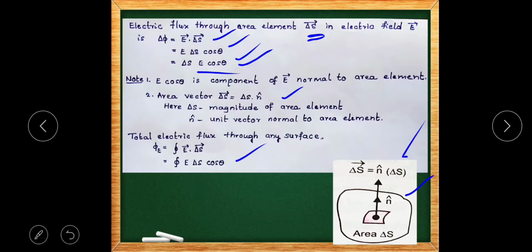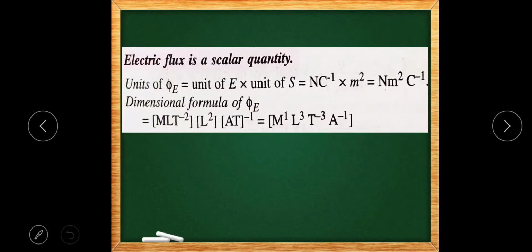Remember these expressions. Electric flux is a scalar quantity. We know electric flux is the dot product of two vectors, vector E and vector delta S.